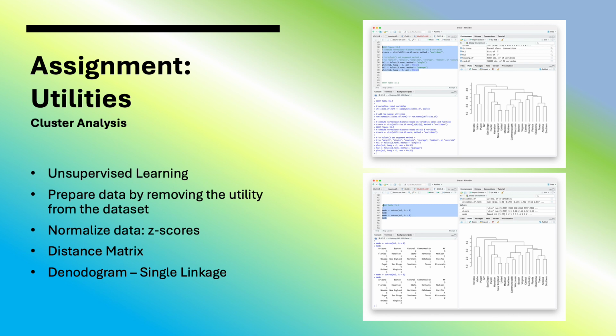So it gave you a bunch of information about certain aspects of utilities, and then what you do is you remove the utility label from the data set, and then you see if any patterns or groups emerge that are not by utility.